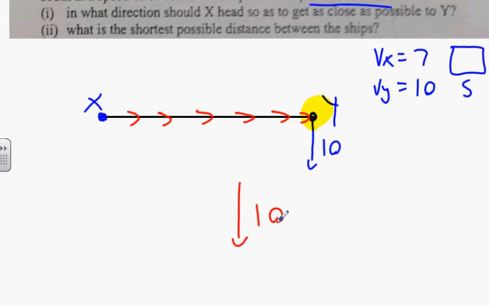Would X go diagonally right up in pursuit of Y? Absolutely not, because you're reducing your x and y component that way, yeah? So realistically, X is either going to go straight across at 7, or it's going to angle slightly down at 7. Would that make sense? Yeah?